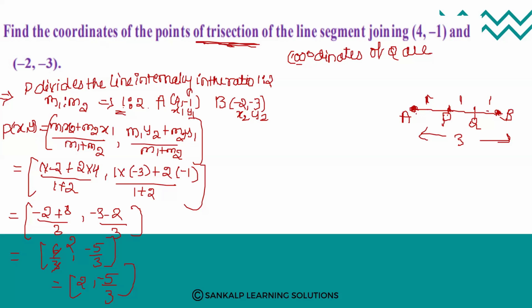If you consider from A to Q, you will get 1 plus 1, that is 2, and from Q to B it is 1.